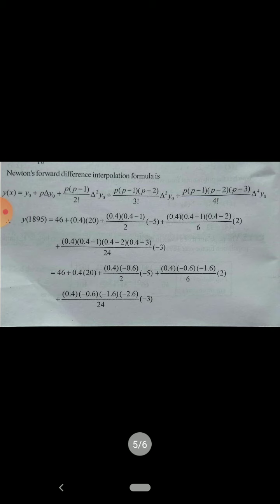You can do this: take the product 0.4 into 20, then here 0.4 minus 1, and then into 0.4 divided by 2. Calculators are allowed in the examination. Then you can calculate this and verify.